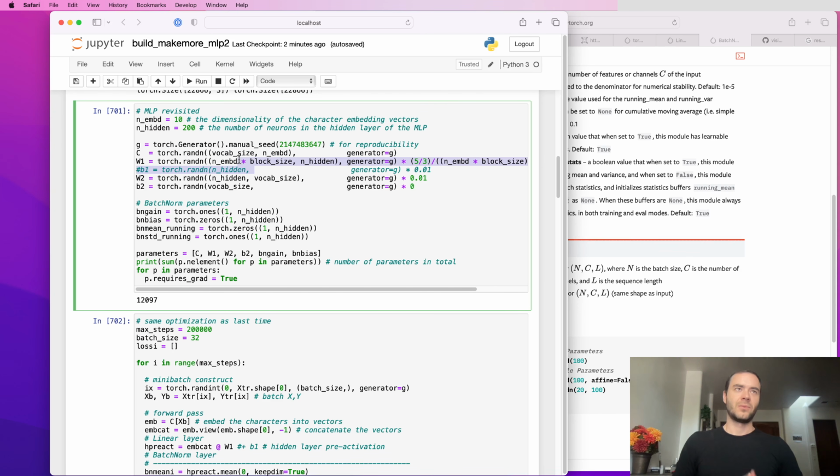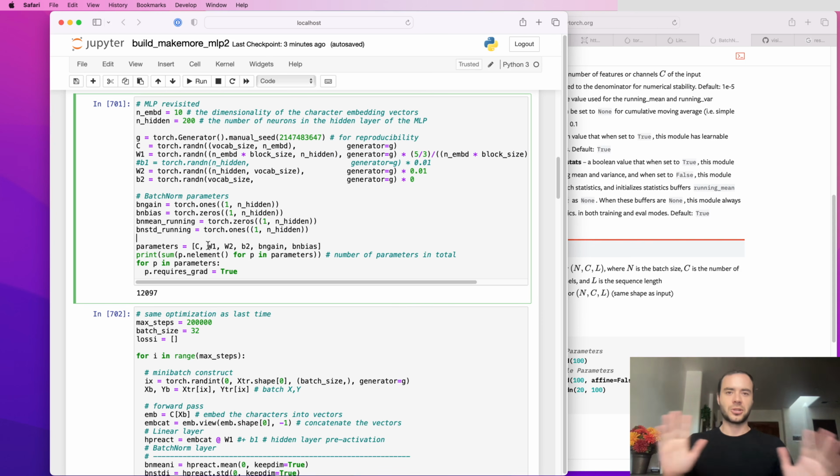Because when you have much deeper neural nets with lots of different types of layers, it becomes really, really hard to precisely set the weights and the biases in such a way that the activations are roughly uniform throughout the neural net. So then I introduced the notion of a normalization layer. Now, there are many normalization layers that people use in practice: batch normalization, layer normalization, instance normalization, group normalization.